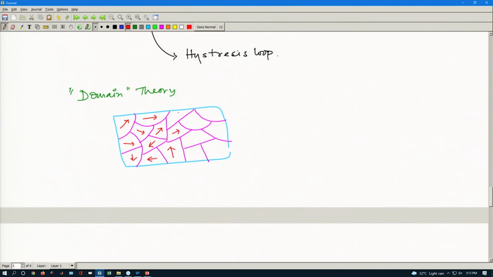These are the orientations of the corresponding magnetic moment per unit volume, that is magnetization, for each domain. This random orientation makes the total M to be 0. But locally they are oriented in a particular direction.